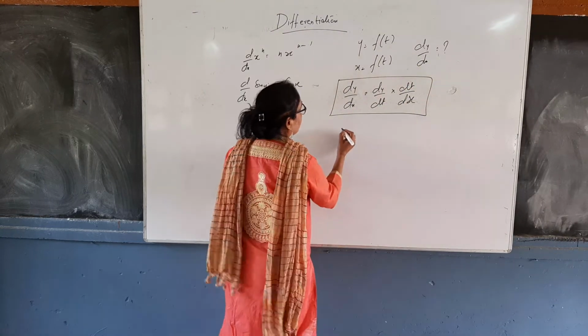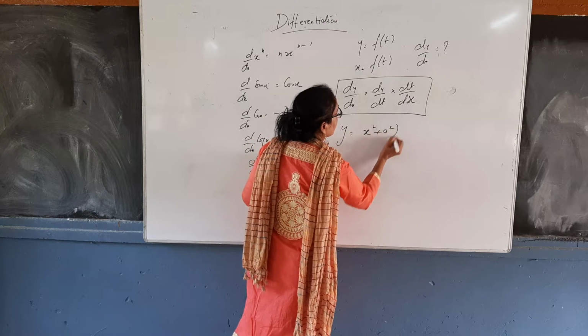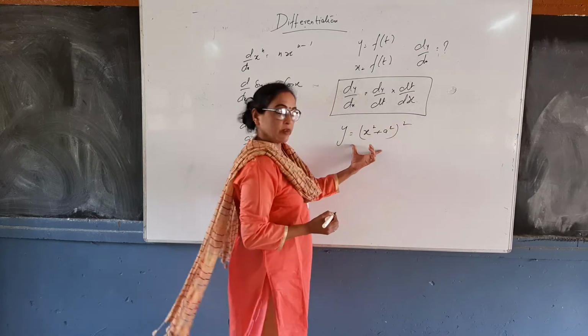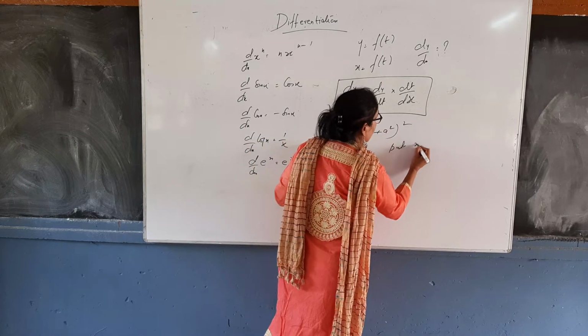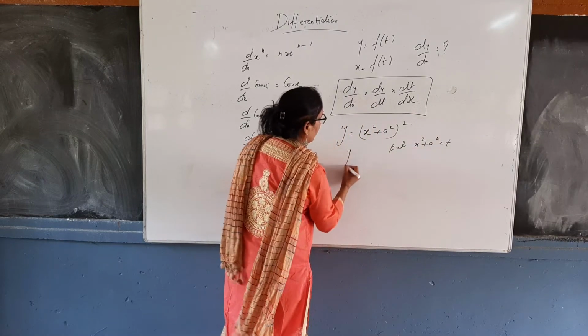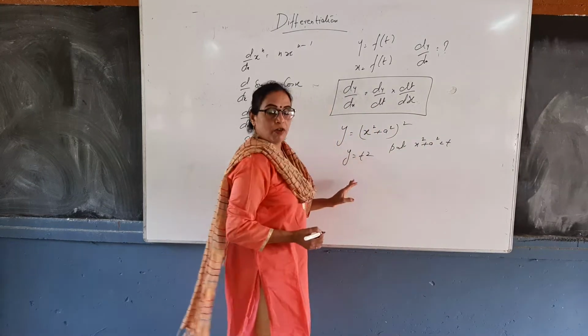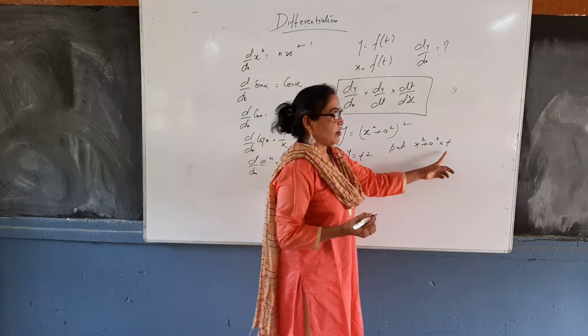Now see, suppose y is given as x square plus a square whole raised to power 2. So what we will do? We will put x square plus a square equal to t. So you will get y equal to t square. Now y is a function of t, and t is a function of x.